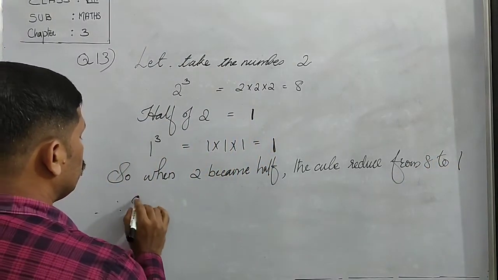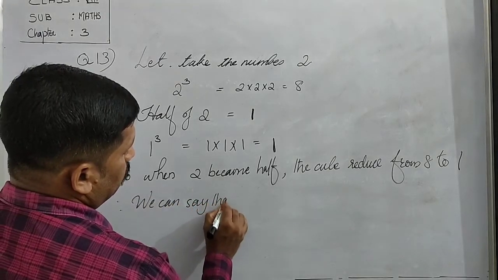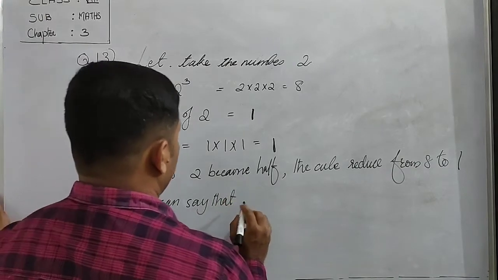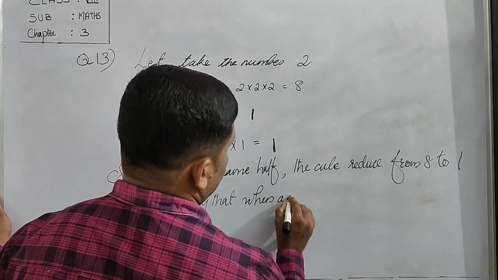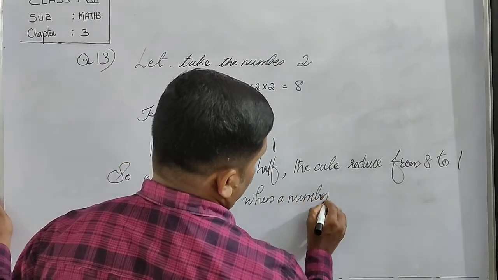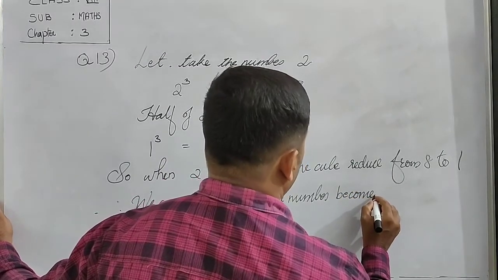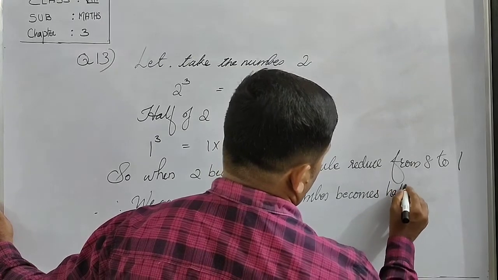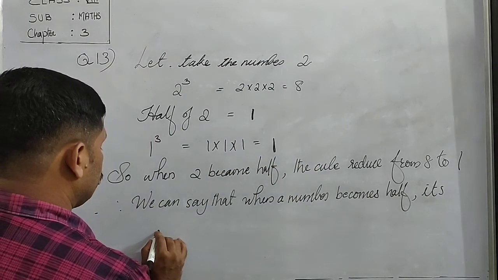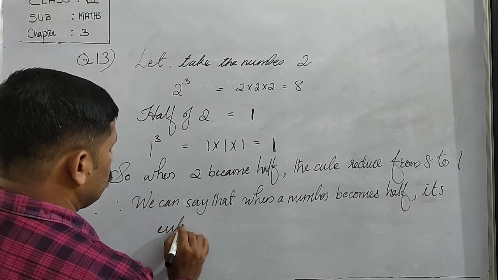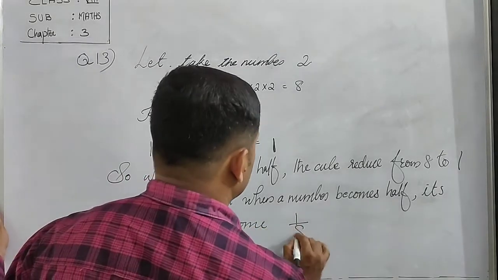Therefore, we can say that when a number becomes half, its cube becomes 1/8.